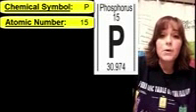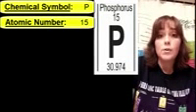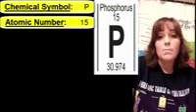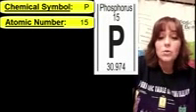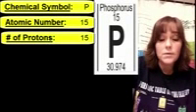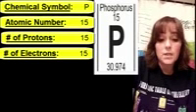Knowing the atomic number, you now have enough information to fill in two other parts of that APE memory device. Your atomic number is 15, your number of protons is 15, which is the same as the number of electrons, 15.